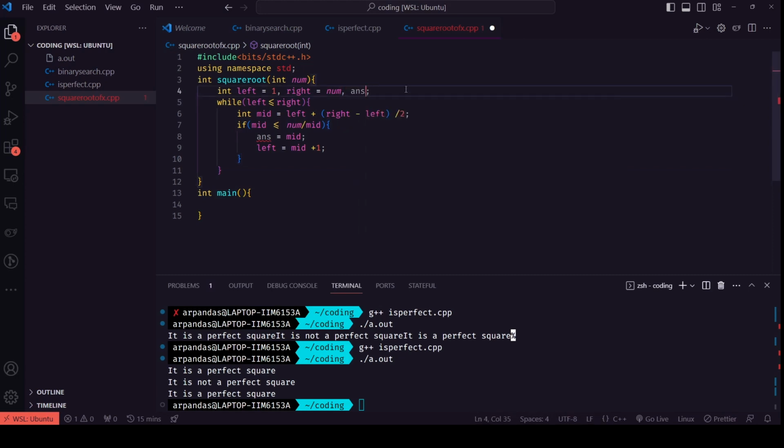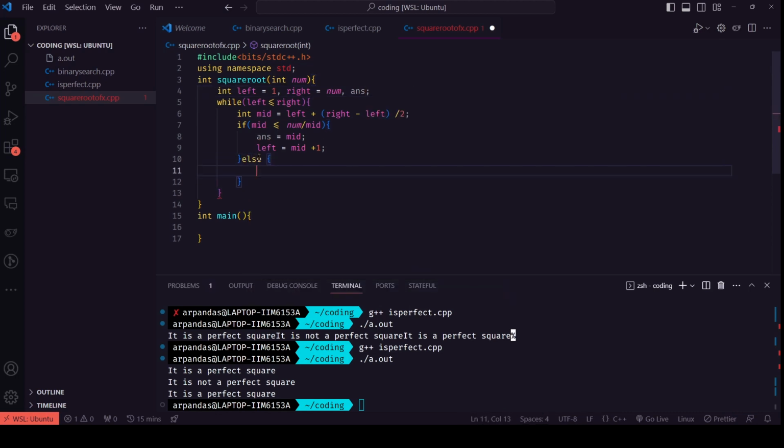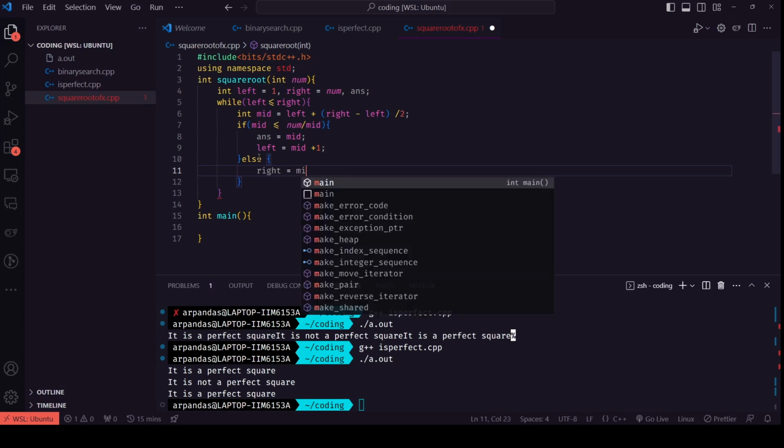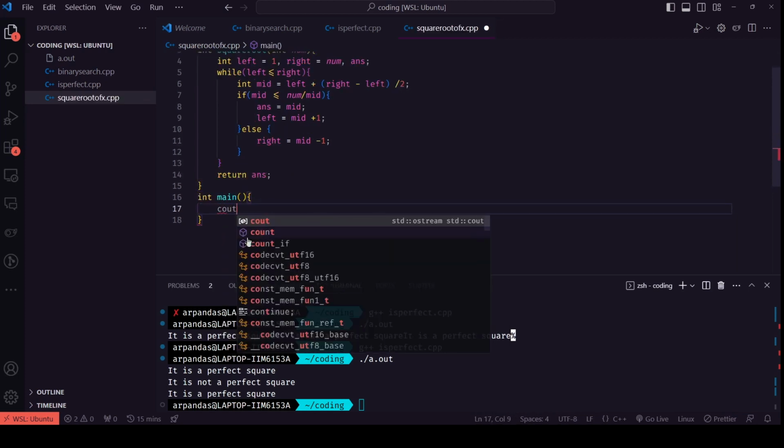Okay, why are we getting a red squiggly? Because we have not declared answer. Else, right equals mid minus 1. Just return answer.